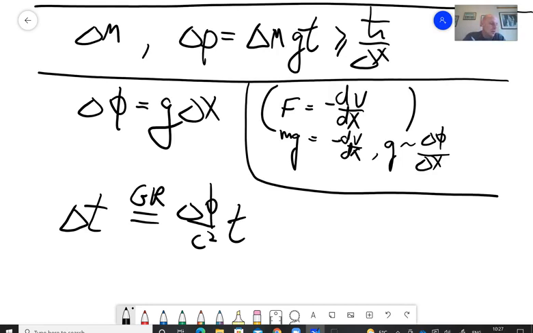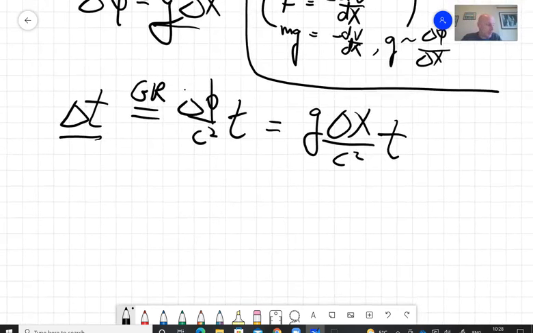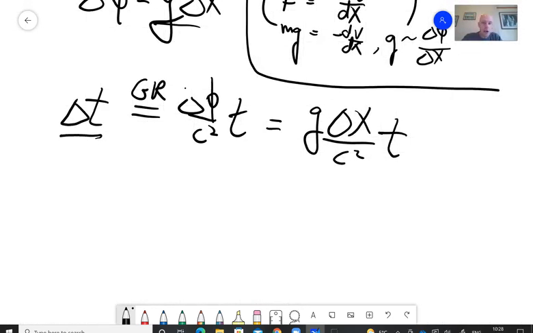Then all we need to do is to use the relation between phi and g delta x. So this is g delta x over the speed of light squared, times t. So we found the uncertainty in the time in this gedanken experiment, and let's see how much uncertainty we have.